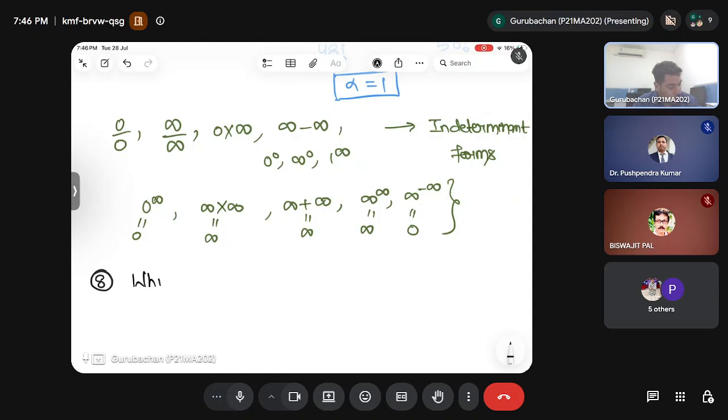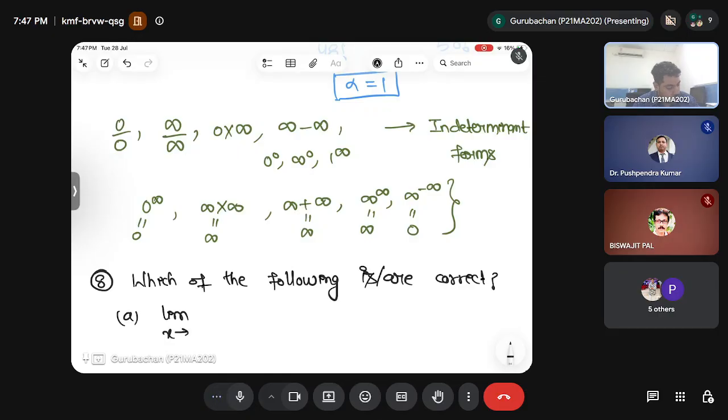Which of the following is or are correct? The first one is limit x tends to 0 positive of x square divided by under root of x plus 1 minus 1 is 0.